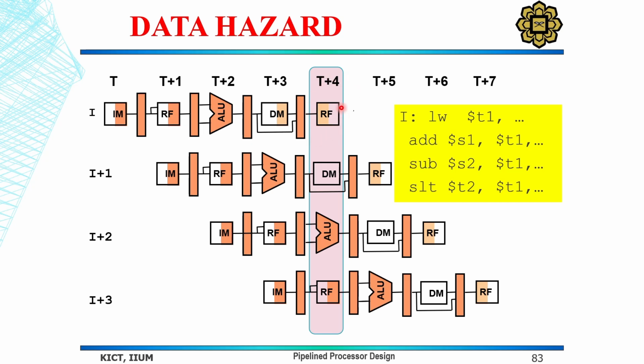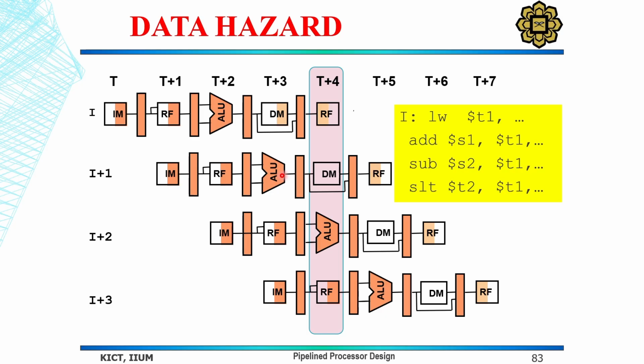However, the add instruction needs the $T1 value earlier, during the T plus 3 cycle, when its ALU operation occurs. So there is a mismatch. The data is needed before it is ready. Okay, so that is called the hazard. Because here in this instruction we need the data here, but it will be ready in this cycle, so it will not be available here. So the data hazard will occur here.